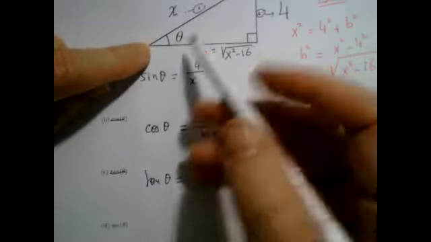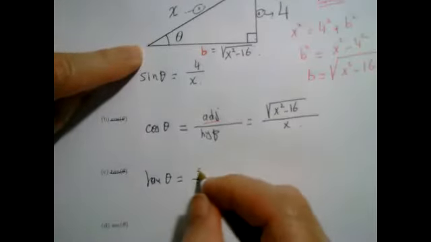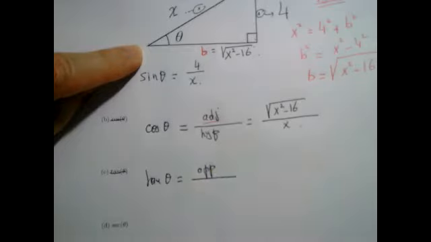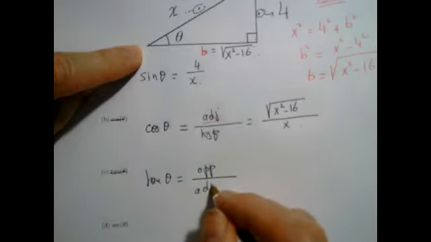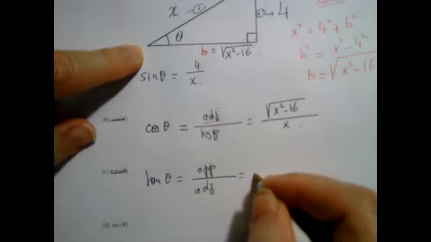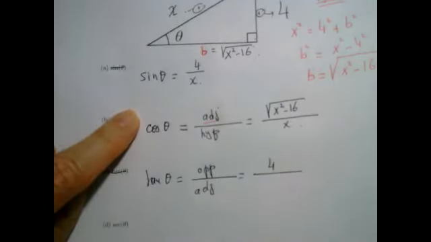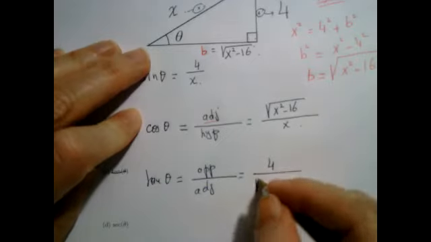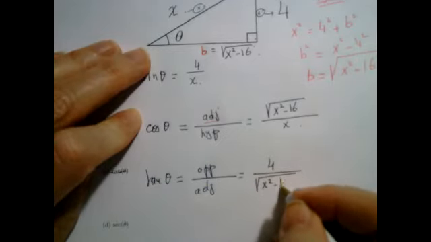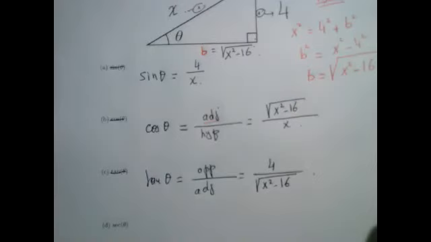Right. The tangent is the opposite over the adjacent, in the right triangle. Everything is clear. So the opposite is the 4, over the adjacent, the square root of x squared minus 16. Very good.